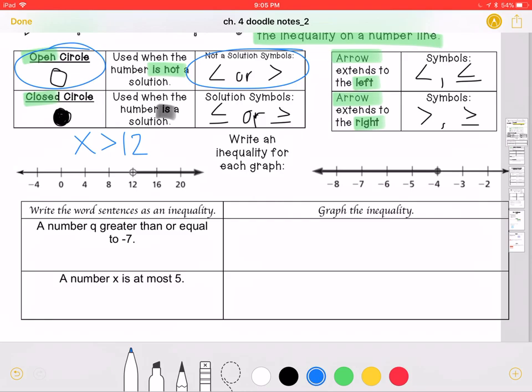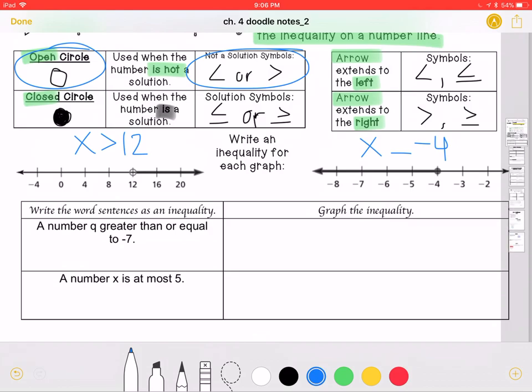Maybe you want to pause and try this one off to the right on your own. Take a look at the graph and then try to write it. Or just keep following along. So again, we're going to put a variable. I would look, where's my circle at? It's a closed circle, so I know that it has to equal it.